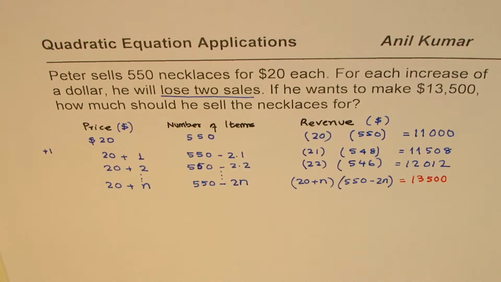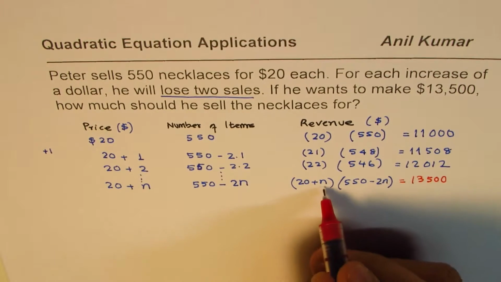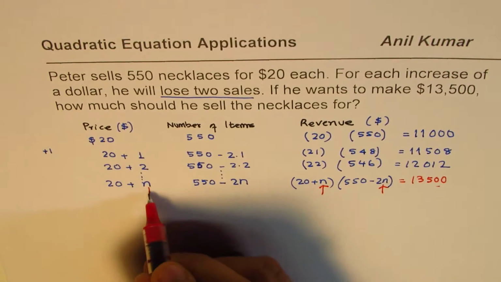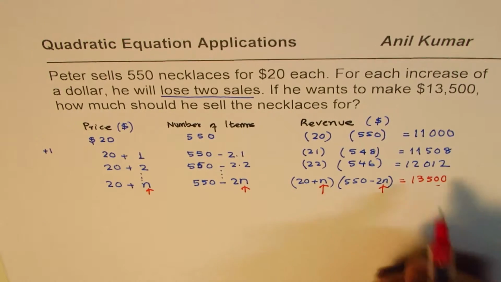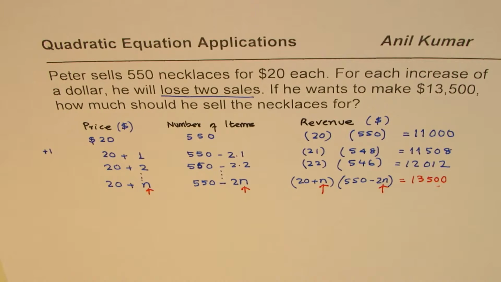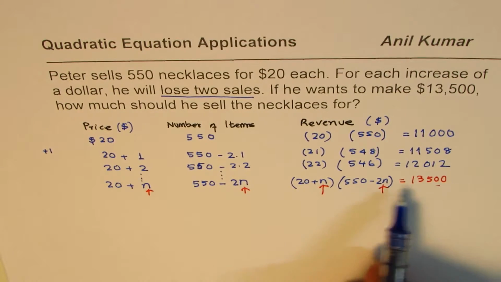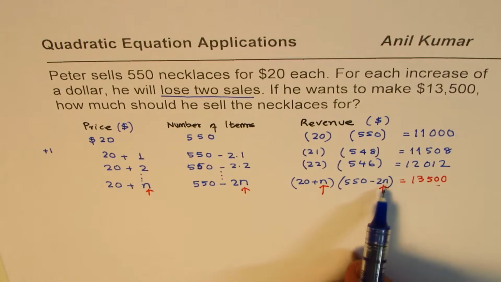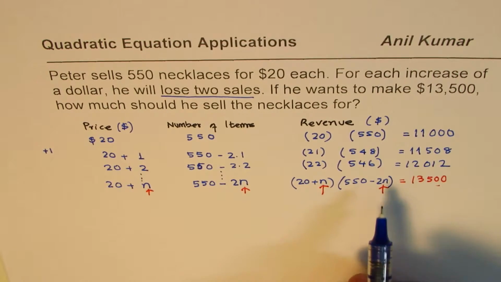That is the equation. So basically we need to find this value of n so that the revenue is 13,500. I now think you have understood the question. You can pause the video, solve this equation, multiply, find n, and then check with my solution.